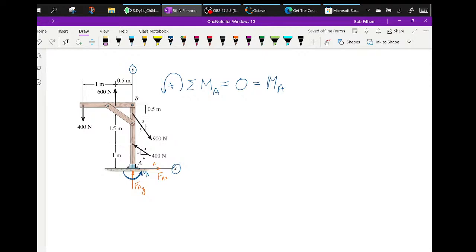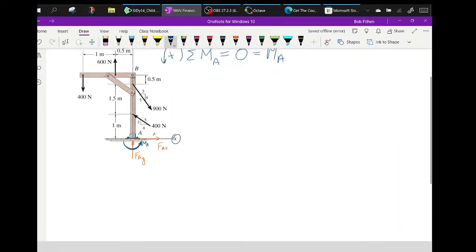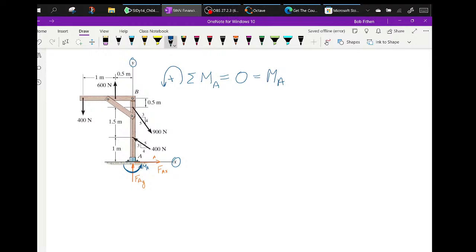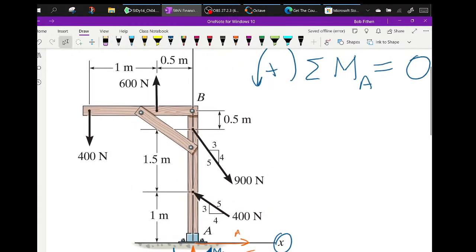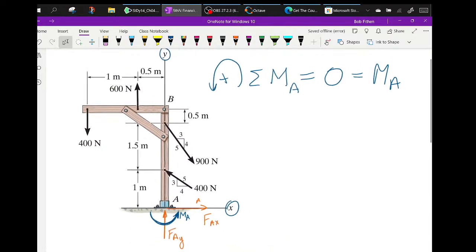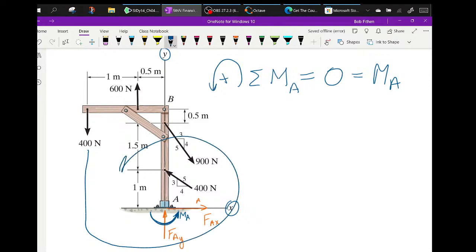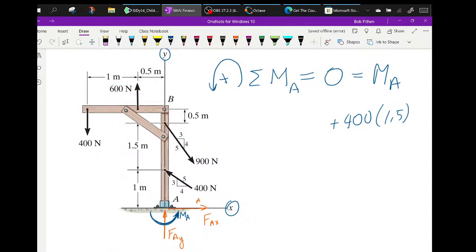Now, I'm going to go in some sort of order. It really doesn't matter which order I go in. I'm going to take my 400. Now it goes down and it goes this way, which is positive. So it's plus 400 times its moment arm of 1.5, and that took care of that one.